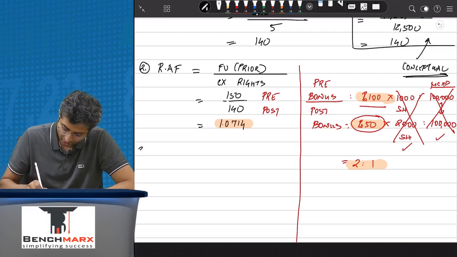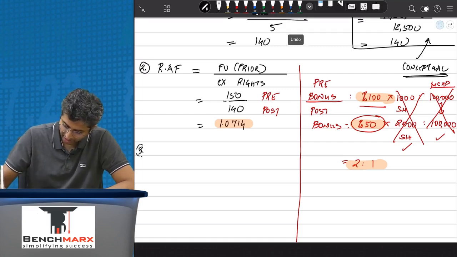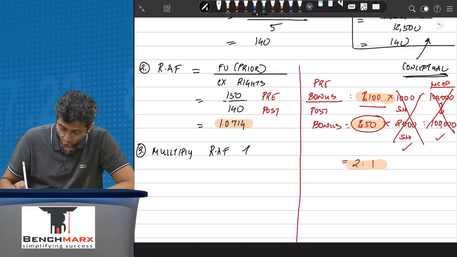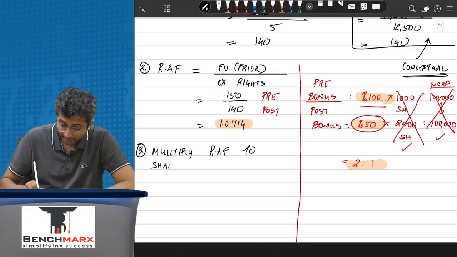And third, you will multiply the RAF like you used to multiply the bonus adjustment factor. You will multiply RAF to the shares prior to the date of rights, to the shares outstanding prior to, exactly like for bonus.